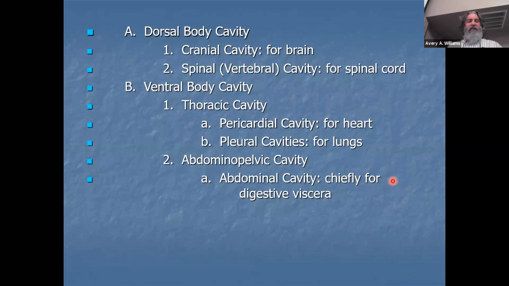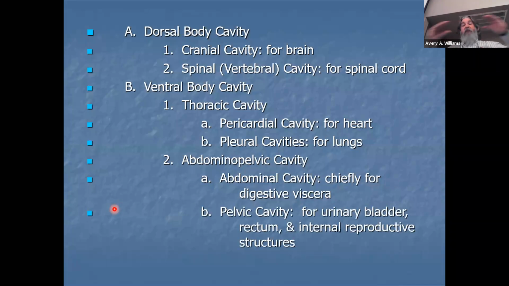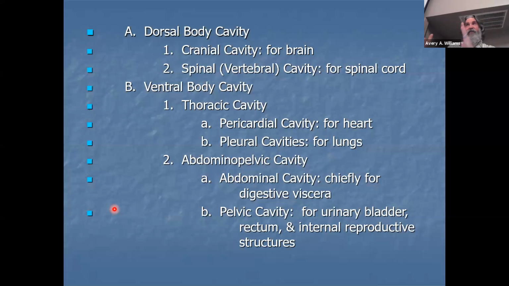So basically your digestive system for the most part. There's some overlap, obviously, but for right now, that's good enough. And so abdominal pelvic, the inferior most portion of it would be the pelvic cavity. The pelvic cavity, everything's surrounded by the pelvis.